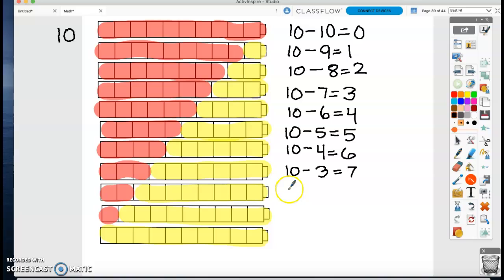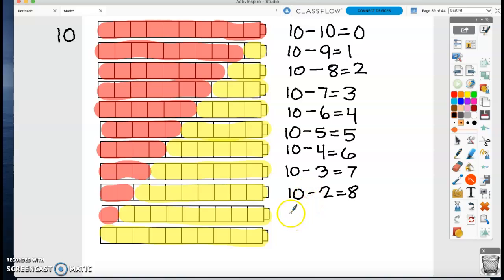How many altogether? 10 minus how many red? 2 equals how many yellow? 8.